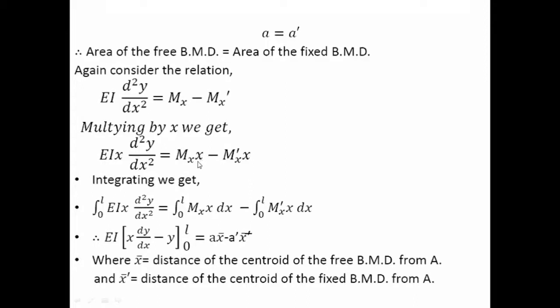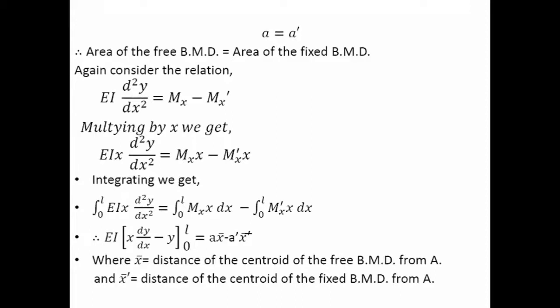Again we are integrating the complete equation over the length L, substituting the integration of Mx dx as A and Mx dash dx as minus A dash, and the integration of x dx is x bar, and of x dash dx is x dash bar.